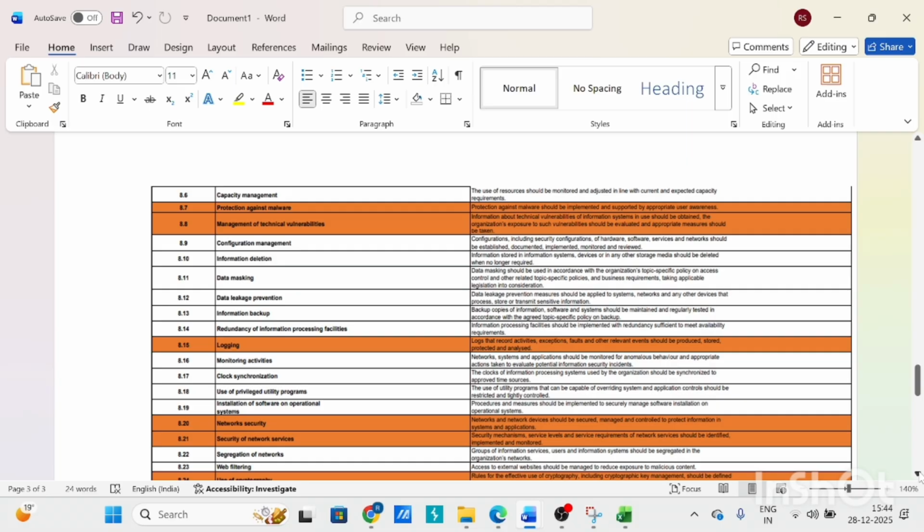Segregation of networks comes under 8.22, where groups of information services, users, and information systems should be segregated in the organization's networks.